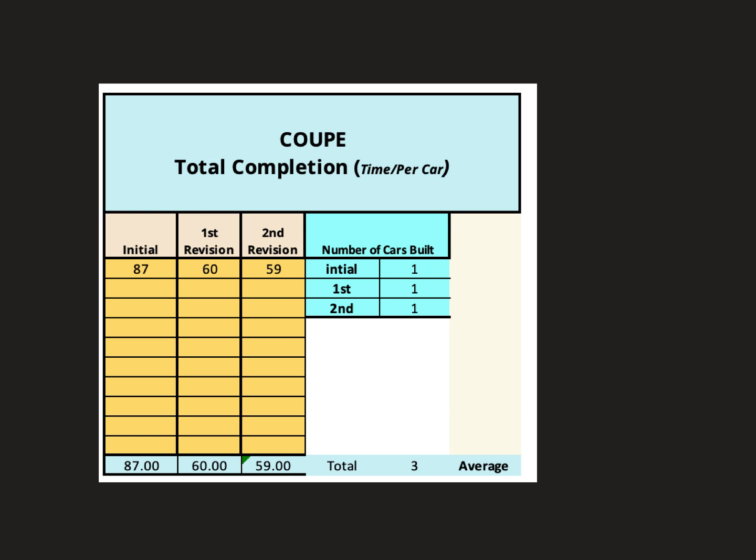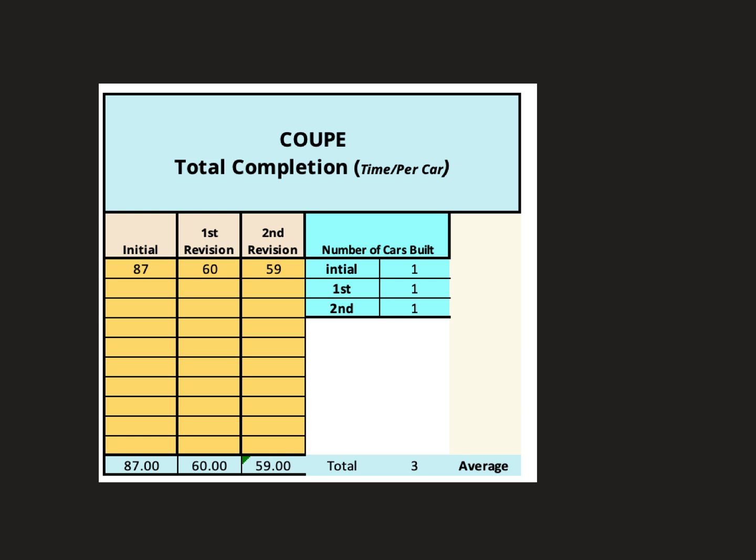So 87 represents the number of seconds it took to build the first car. So it added the amount of time it took for stations 1, 2, 3, 4, 5, and 6 to build car number 1.